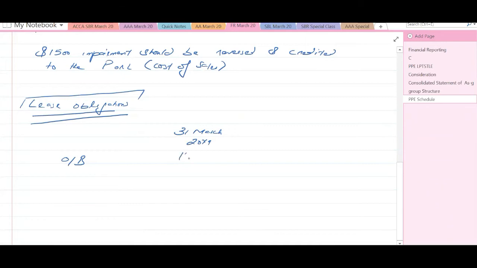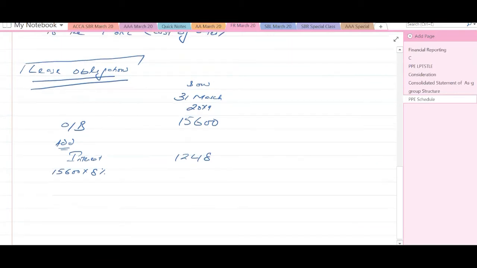The amount was 15,600, and then you add interest to it because it's the lease payment in arrears. So 15,600 into 8%. All right, again, let's use the calculator. 15,600 into 8% gives you 1,248, which is your finance cost.